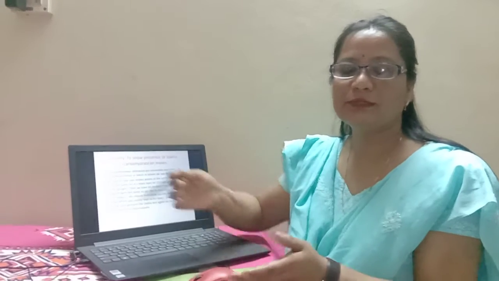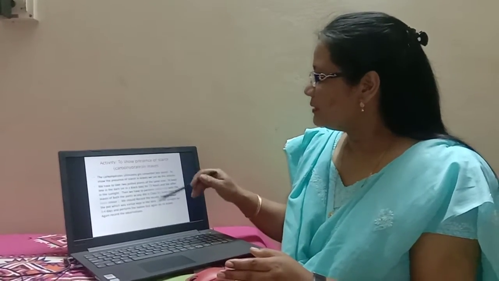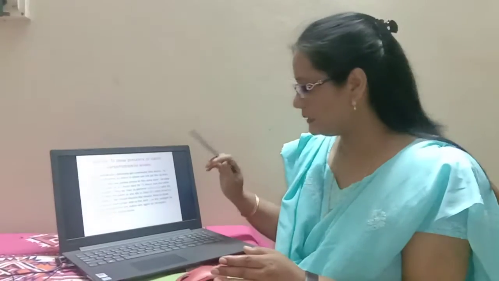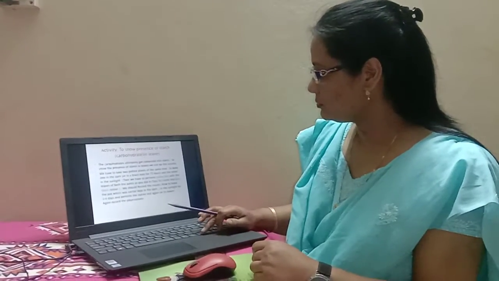After that we will take some leaves from that plant and perform the iodine test. Then we will get a different result. So through this iodine test we can prove the presence of carbohydrate in the leaves, and we can also prove that photosynthesis takes place in the leaves. So, next slide.